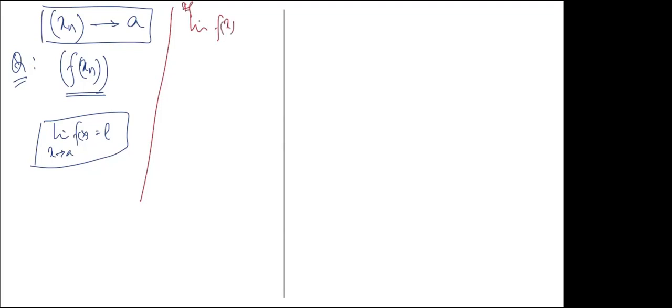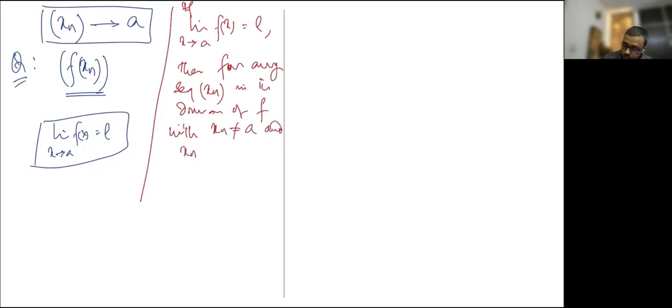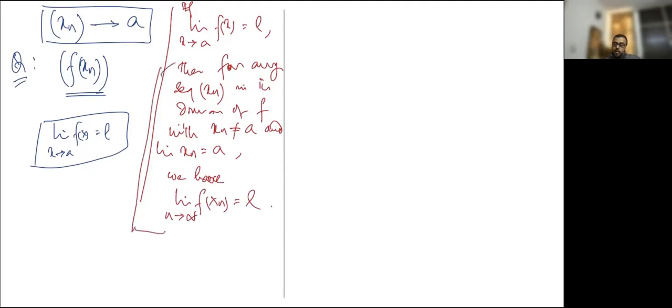If the limit as x goes to A of f(x) is L, then for any sequence x_n in the domain of f with x_n's different from A and limit x_n equal to A, we have limit f(x_n) equal to L. So this entire statement, meaning this condition, then after this part, involves only the notion of limit of sequences.